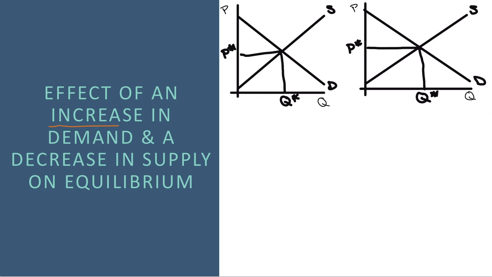So there's an increase in demand, which means demand is going to shift to the right. Care about the new equilibrium point. We see that price went up, quantity went up.